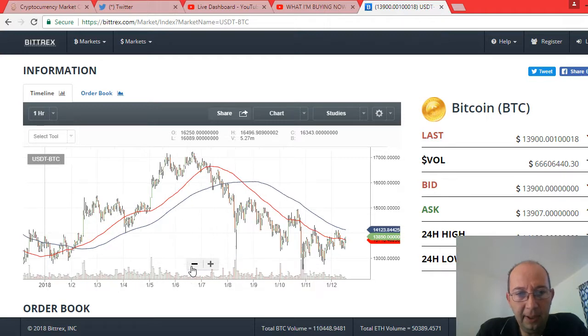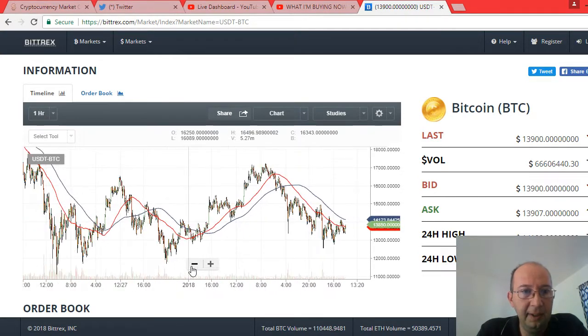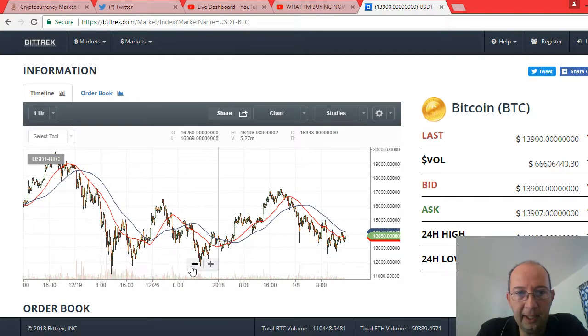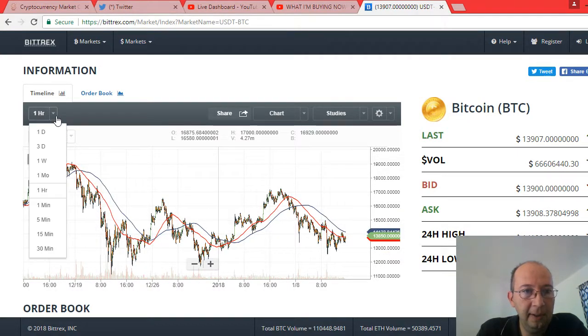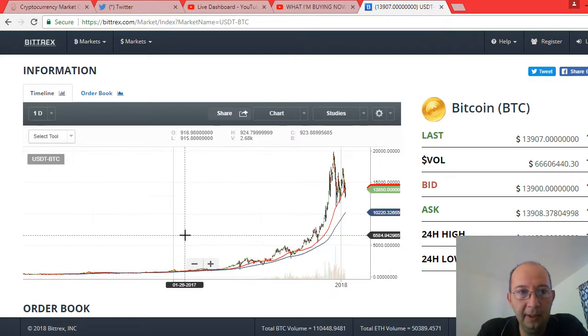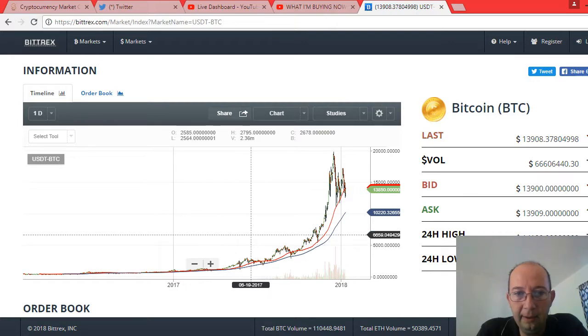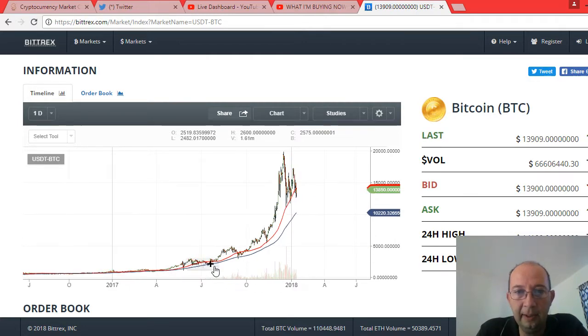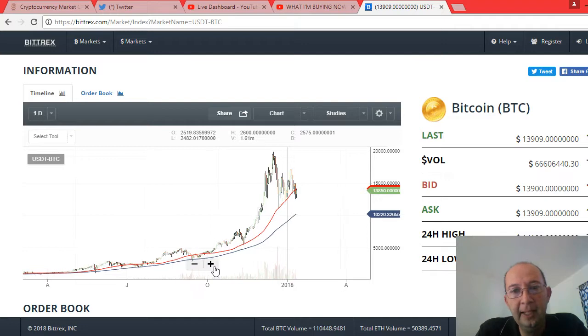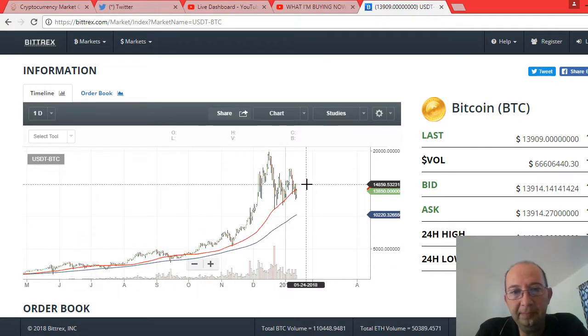But I don't quite think that's going to happen, because overall we've been looking at a bigger downtrend. Let's zoom in a little bit. And then this whole action right here.